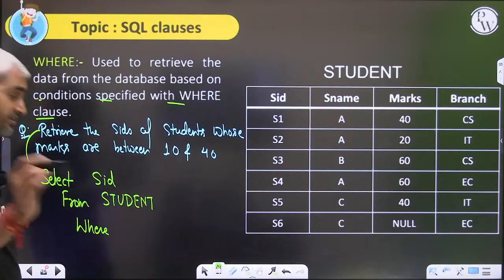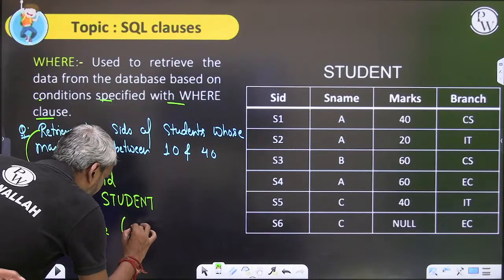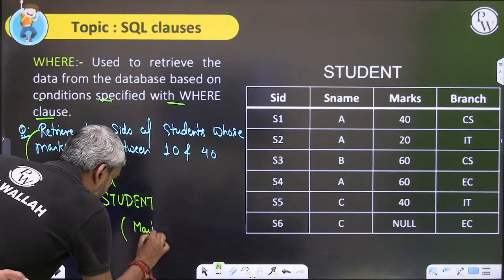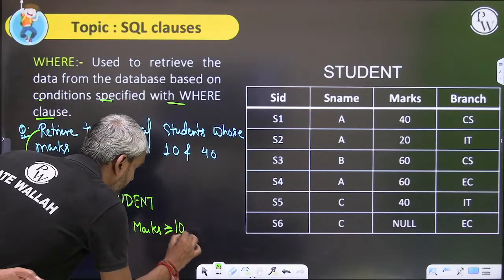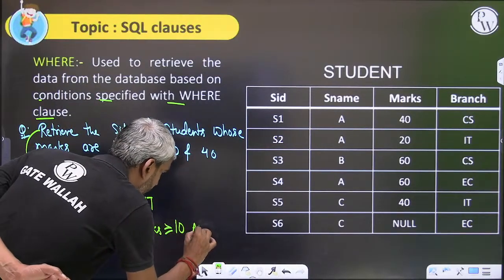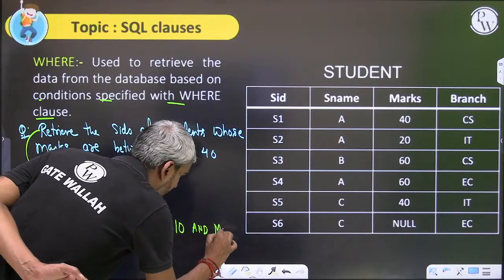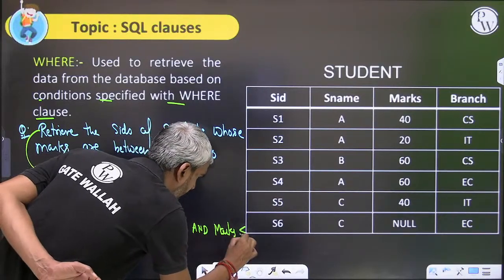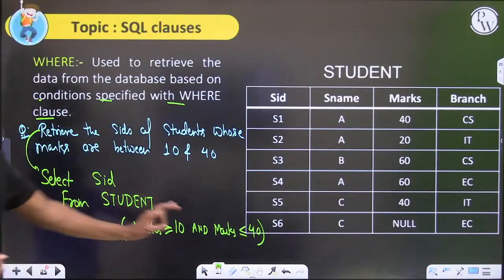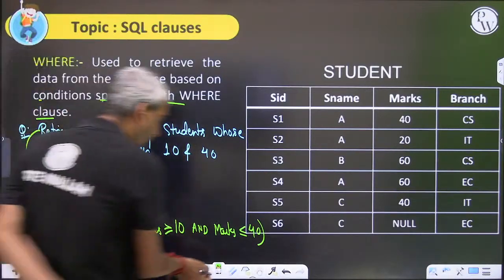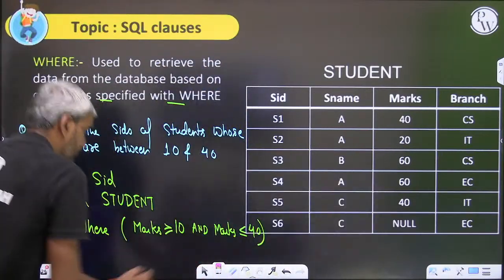Where, there are two ways. Either you can say marks are greater than or equals to 10 and marks are less than or equals to 40. There is one way of writing this query, or you can use the between command.